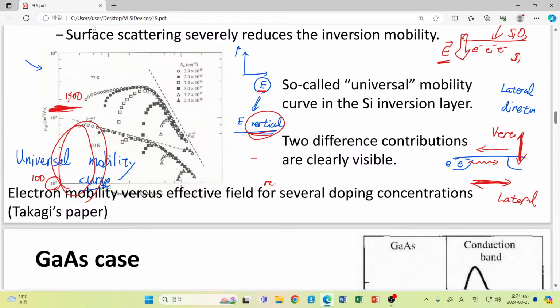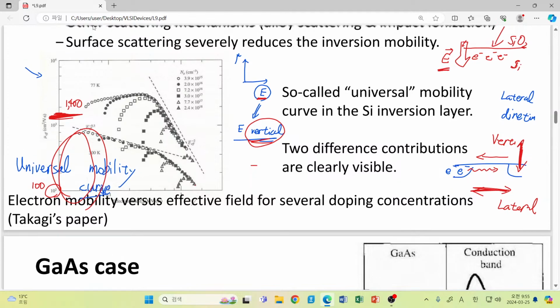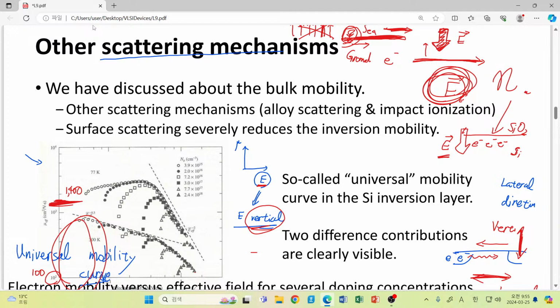Since this issue is so important, this short discussion cannot cover all kinds of phenomena, so we will revisit this effect once again when we consider MOSFET. But for a while, just think about this. Up to now, we have discussed bulk mobility. The major effects we have to consider are phonons and impurities. However, they just define bulk mobility.